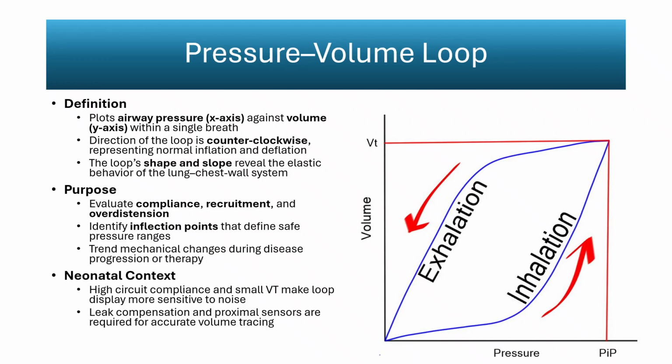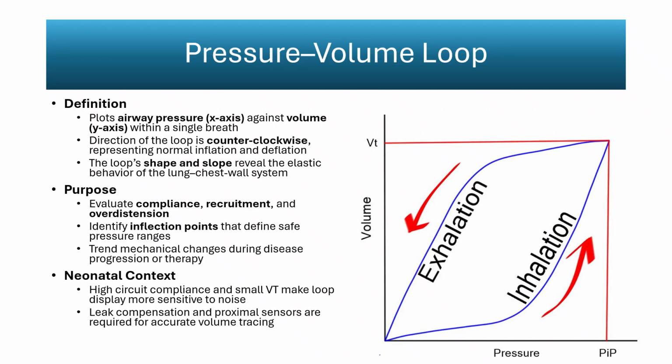The shape and slope of the loop provide direct information about the lung's elastic properties. A steeper slope indicates that small increases in pressure generate larger increases in volume, reflecting better compliance. A flatter slope indicates that even substantial pressure increases only generate small changes in volume, signaling reduced compliance.